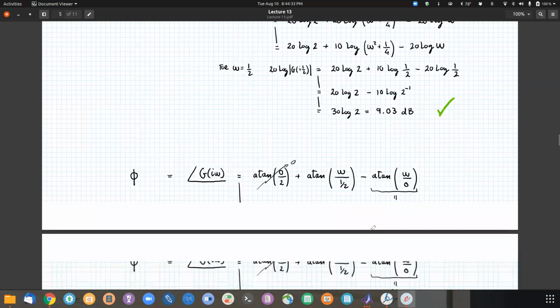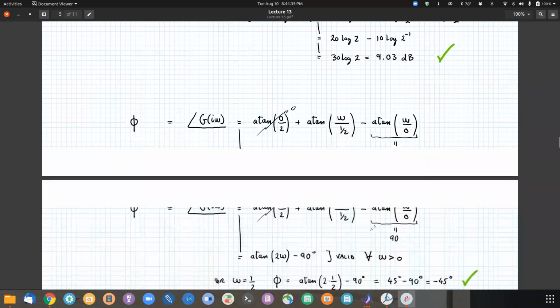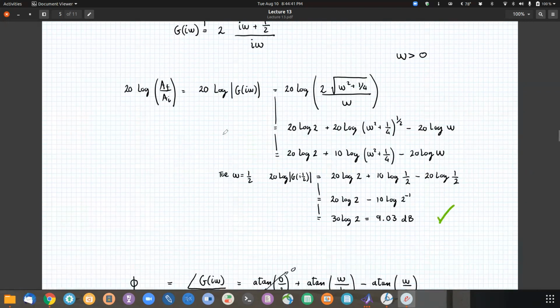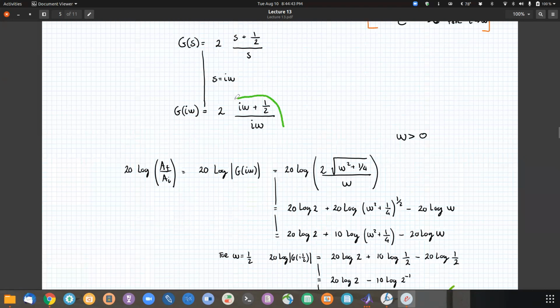Now let's find the phase difference between the output and the input by computing the phase of the transfer function. Let's go back again. Let's take a look at the transfer function. So phase associated with 2, well, 2 is a positive real number, so we simply have 0. Then we have the phase of the numerator of this fraction.